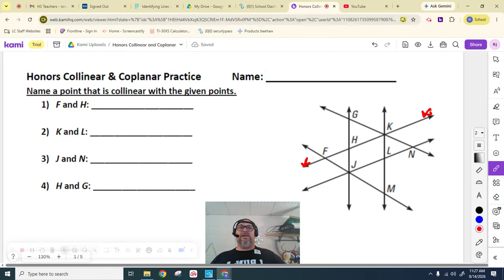Now, so, all right, what other point is on this line right here? It would happen to be K. It's kind of obvious. All right. Number 2, let's see. We're looking at K and L. Now we're looking at this vertical line.